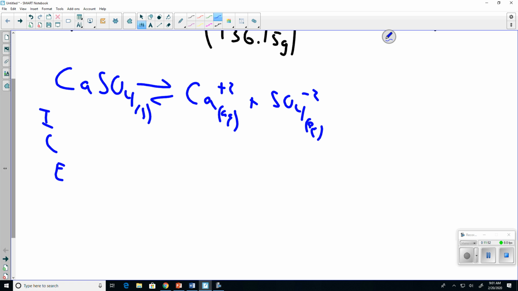Some textbooks, instead of using X as your variable for change, like to use S for this type of problem because it's solubility. So if you looked at your textbook, don't be thrown off by that. But in essence, I don't even know if an ice table is that necessary to know that at equilibrium, it would be equal amounts of this and that because they're in a 1-to-1 ratio.